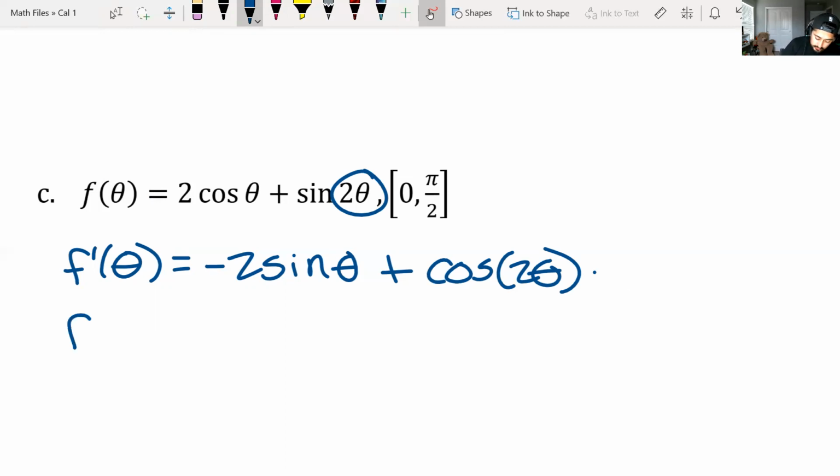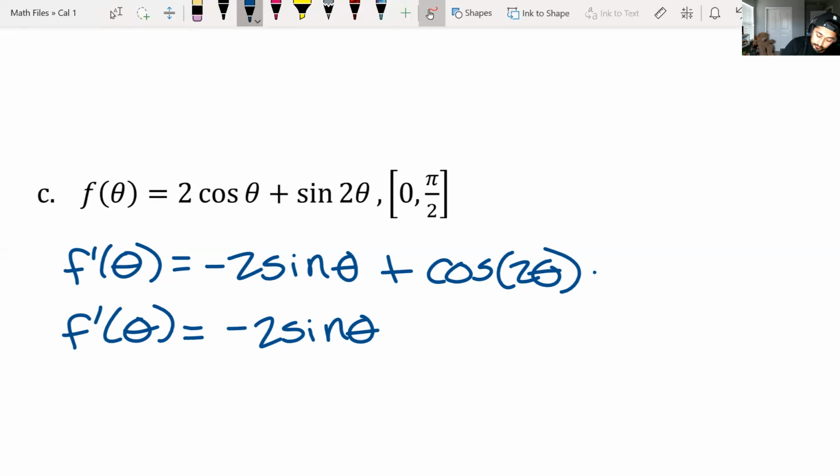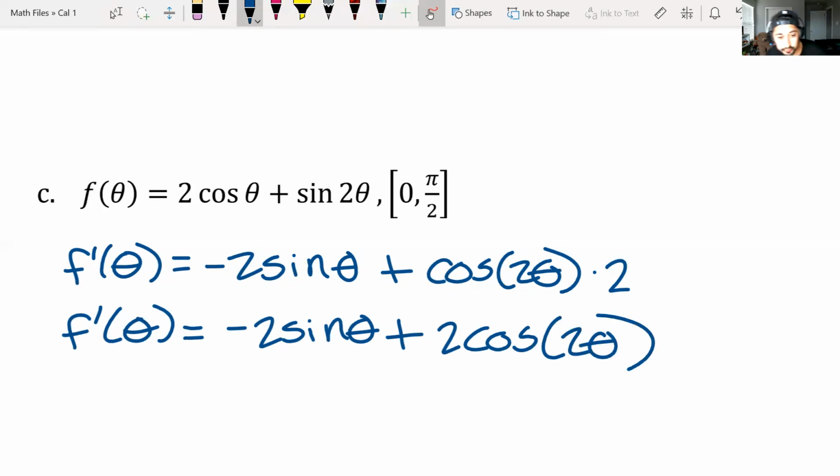Okay, so f prime theta is negative 2 sine theta plus 2 cosine 2 theta.